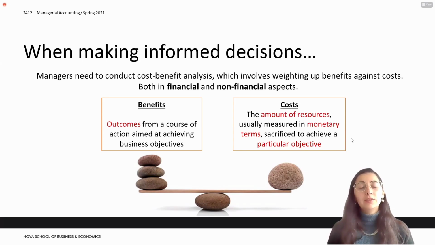We also mentioned what is relevant. Please remember the concept of relevant. There were 3 conditions we talked about last week. It has to do with the future. It has to be different between different alternatives.